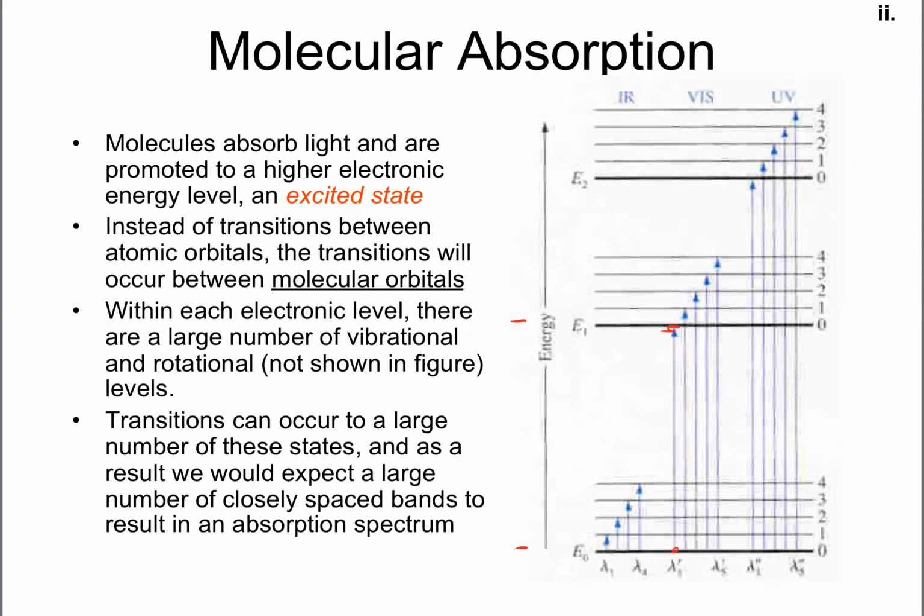Now remember, we said for a molecule, there's all these other vibrational levels that we can populate during an electronic transition or an absorption event. What's the consequence of that? Well, if you think back to that previous figure, there was a series of different options where we can go from the ground state up to an excited electronic level.